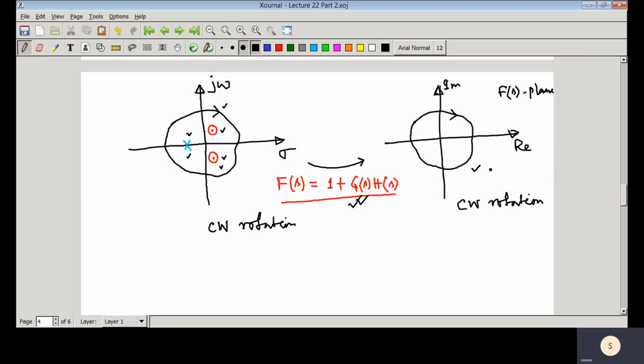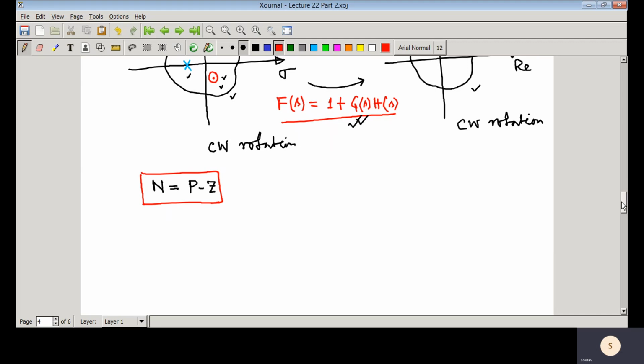Here the rotation is 1, and how many zeros are there? The zeros of F(s) is 2 and the number of poles is 1. So we can write a particular relationship from here. N is the number of encirclements, so N = P minus Z. This particular relationship holds in this particular case, whatever we have discussed.